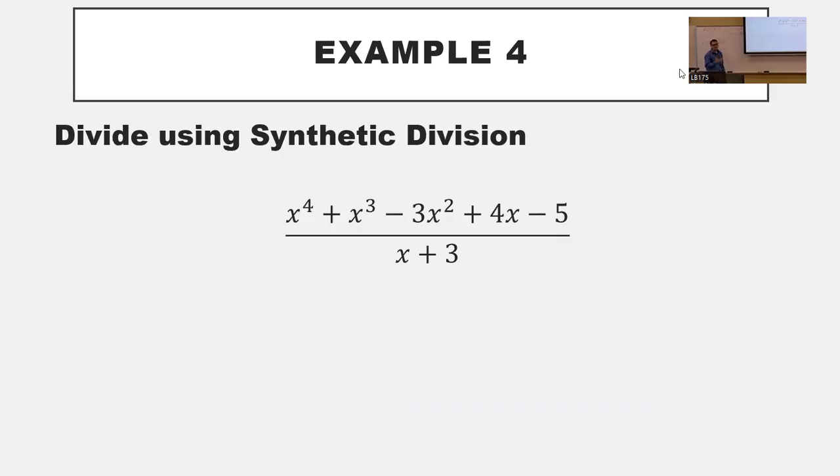So let's take the example that I skipped, which was x to the 4th plus x to the 3rd minus 3x squared plus 4x minus 5. And that's all being divided by x plus 3.